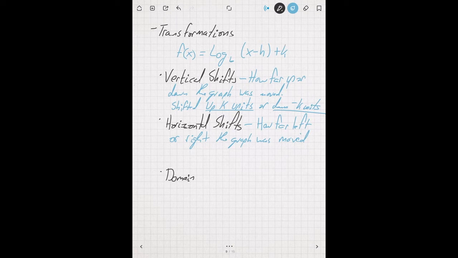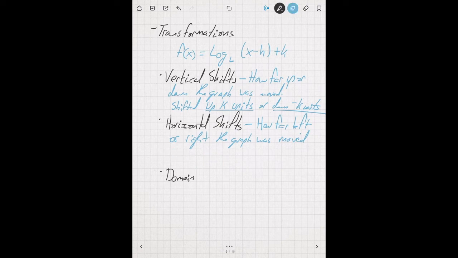Now, if h was positive, we moved it to the right. So for positive h, we move it to the right. For negative h, we moved it to the left. What I want to make sure we notice is we're subtracting h here.